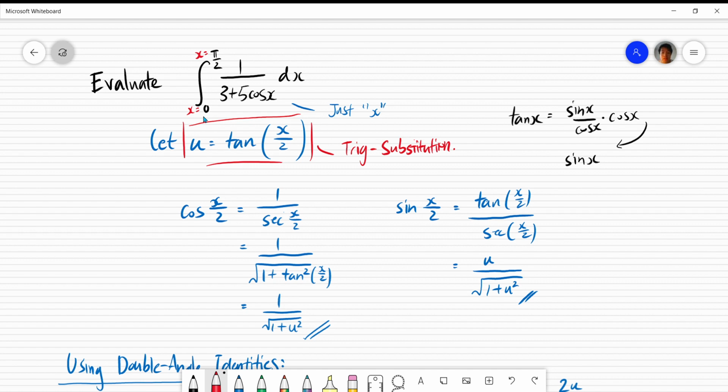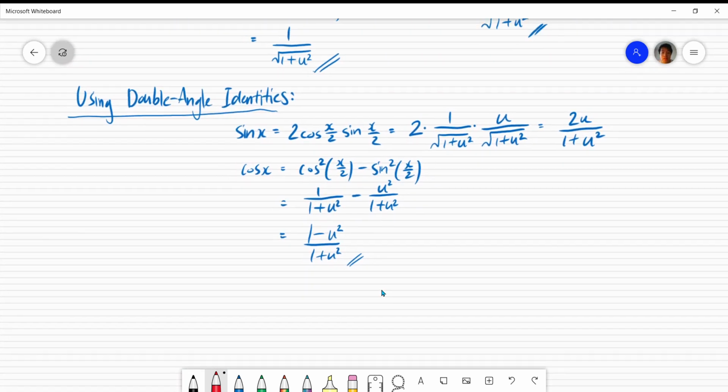Well, to do that, we need to work out the differential, dx in terms of our new variable u. That's our new variable right here. So let's do that, and we just follow the standard procedure.